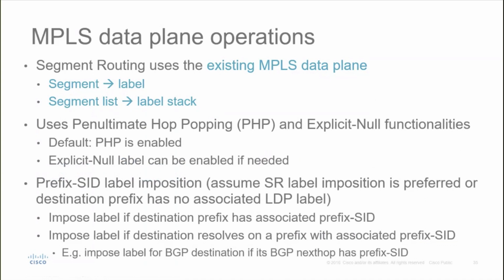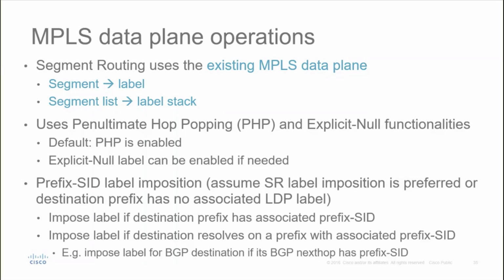Everything could be a pop, a push, or a swap. Routers are able to perform the functions that you well know, such as PHP, if you're the penultimate router, or if you want to maintain the label all the way to the end, you can also use explicit null functionalities. That is it.